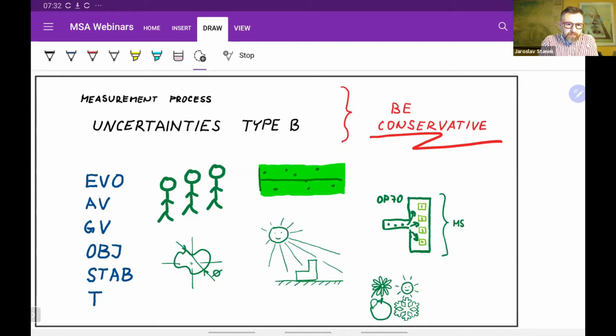And now we'll cover the part if we have some prior knowledge, which is we can get the uncertainty from anything else but the experiment.